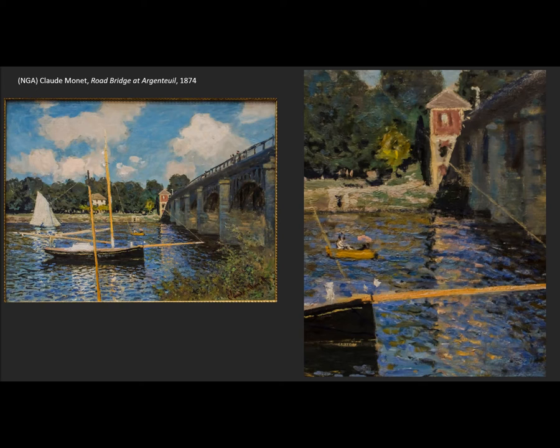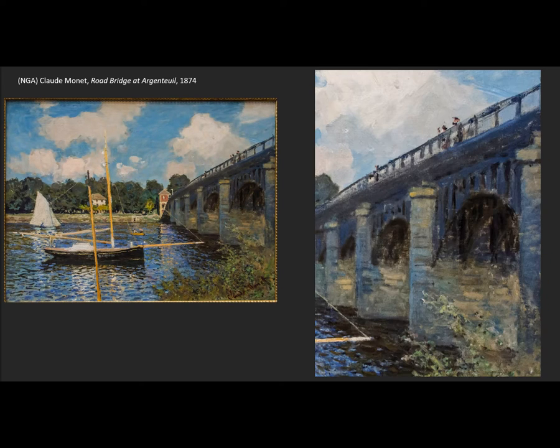That the subject matter that he chooses, the road bridge in Argenteuil, is on a certain level less important to him than the light that plays off of that road bridge. And as we look at the pillars, for example, we can see how much he gets the light coming up from the water, right?